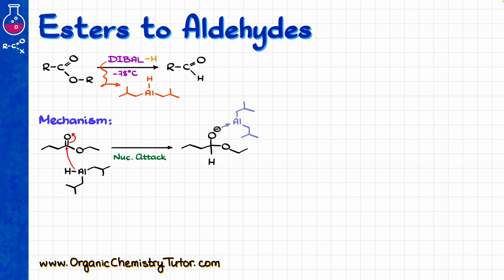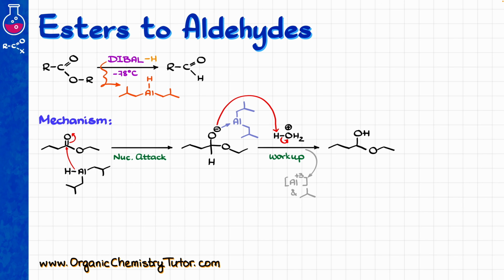Now, the next step here is going to be the acidic workup. In this case, acidic workup is more than just something to get rid of aluminum. Step number 1 here is going to be a quick protonation of this negatively charged oxygen, giving us the following intermediate, which is technically a hemiacetal.